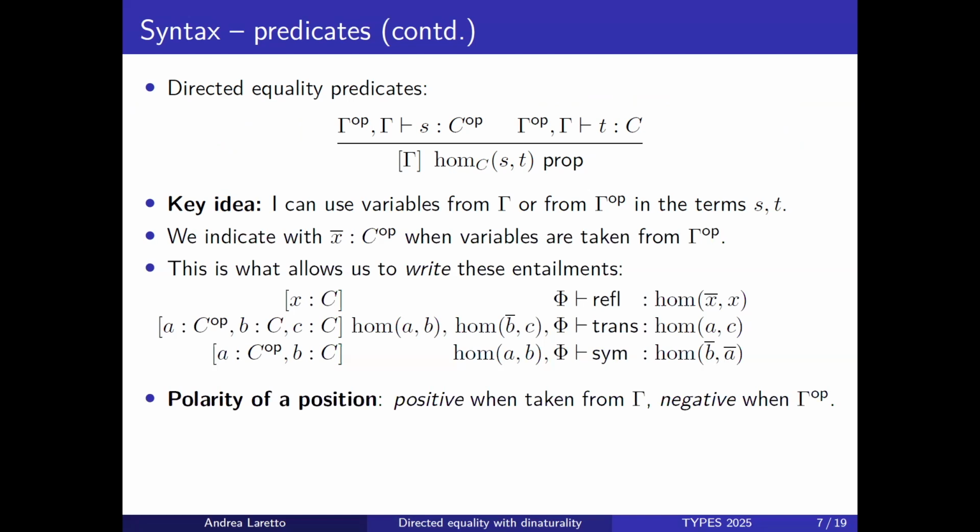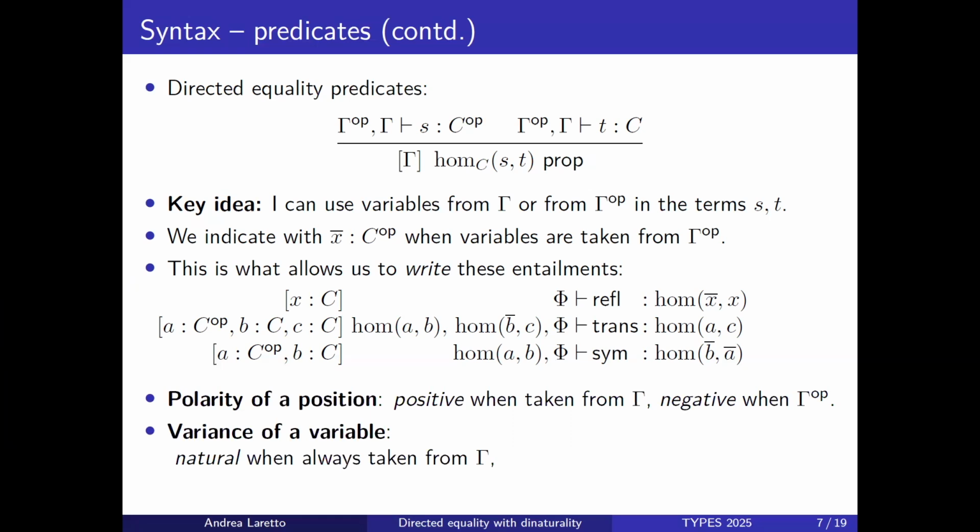So just some terminology. In the first case, you have two positions, and positions have polarities. Positive when you take variables from gamma, and negative when gamma op. So this is a negative position, this is a positive position, this is a negative position, this is a positive position. Here there are 6 positions. And variables have variance.